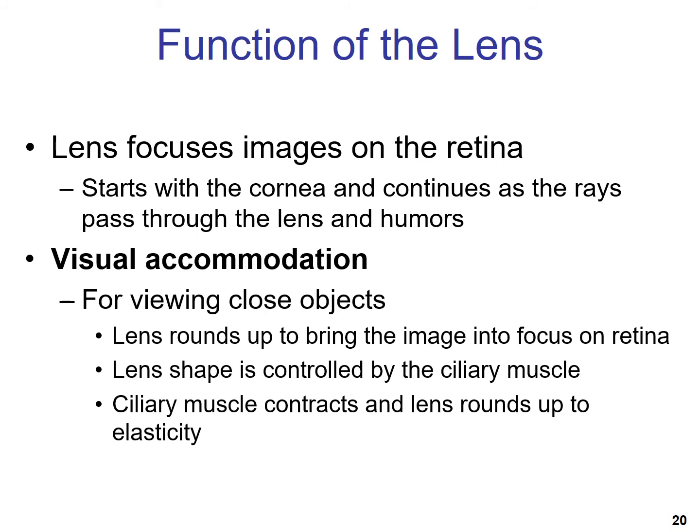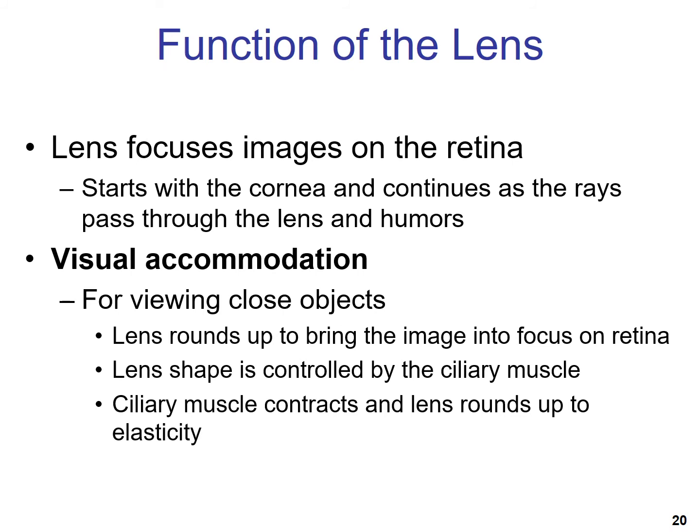It actually turns out that as you get a little bit older, as you get into middle age, the lens tends to become less elastic. And what eventually happens is the lens can't round up quite enough to bring the image of really close objects into focus. This is the reason why you'll see people my age at the grocery store trying to look at a label and holding it way out at arm's length.